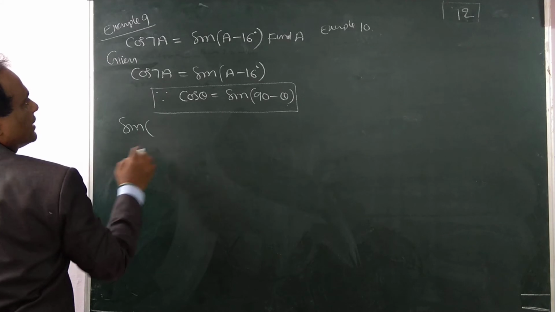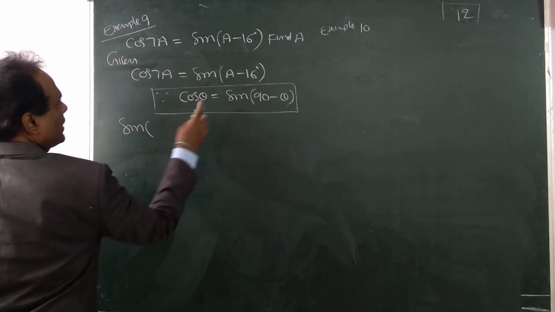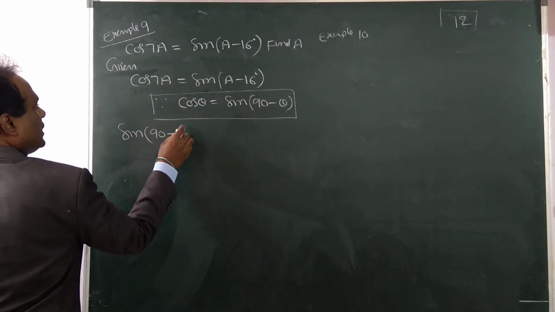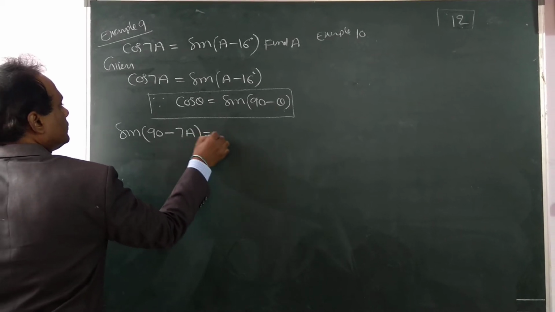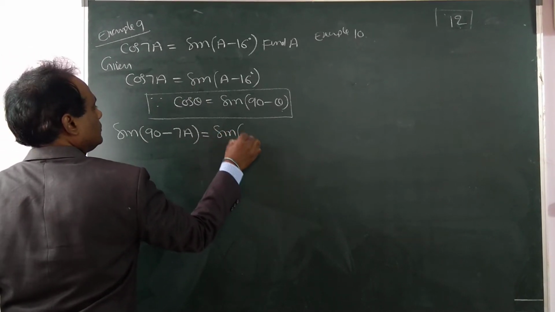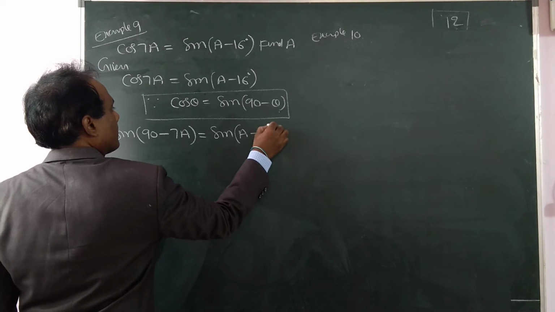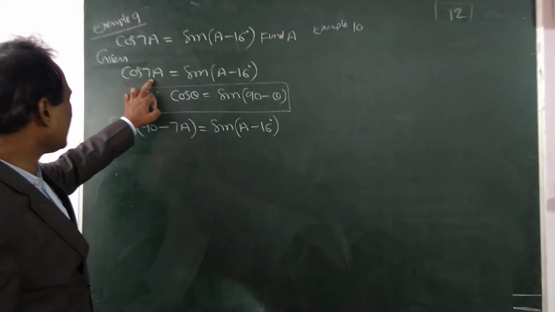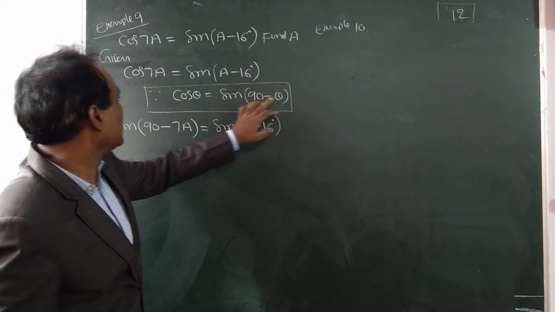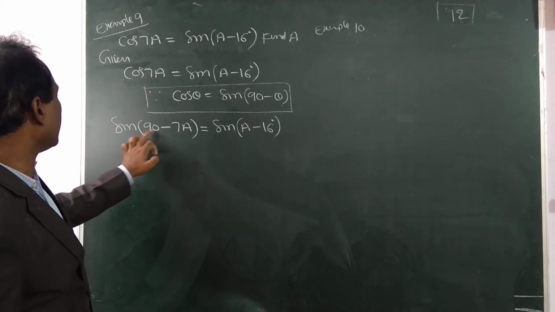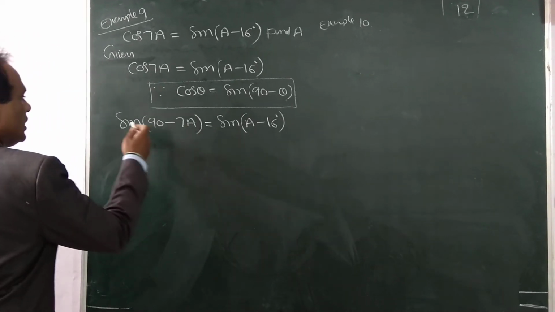Theta is 7a here. In place of cos 7a, write sine of 90 minus 7a.